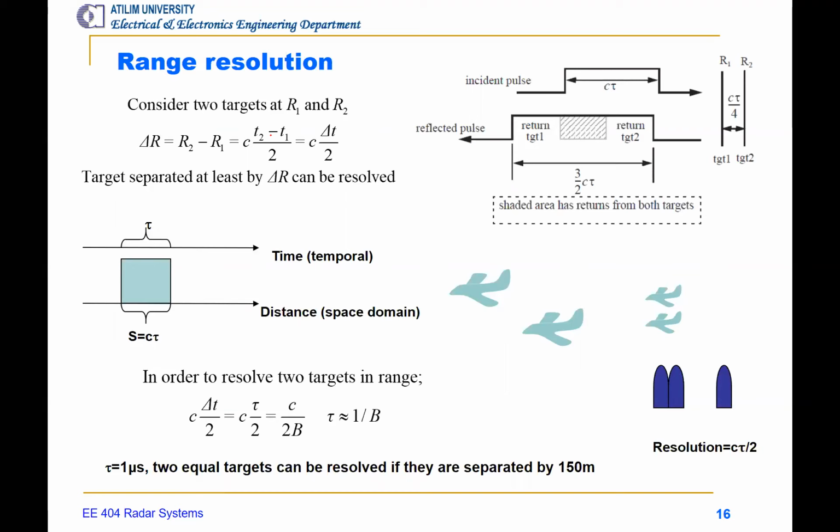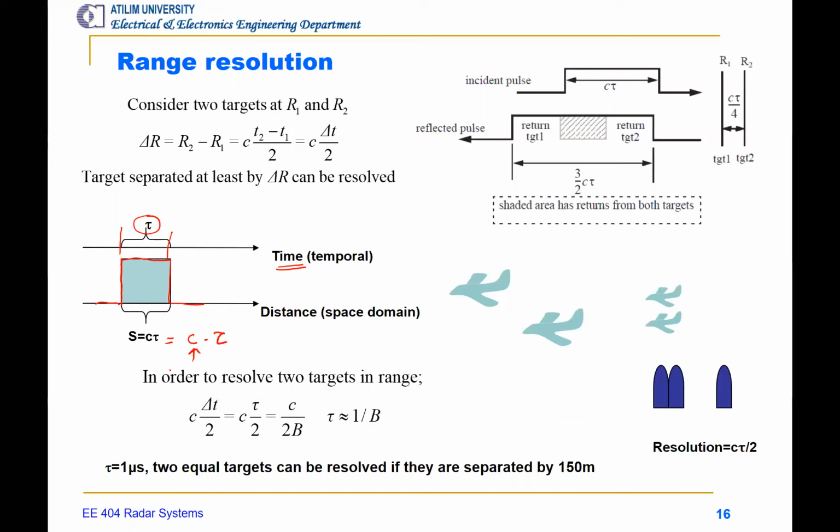Okay, here we see a radar pulse, whose duration is tau, over time. In space, this corresponds to a distance of c times tau. C is the speed of light.